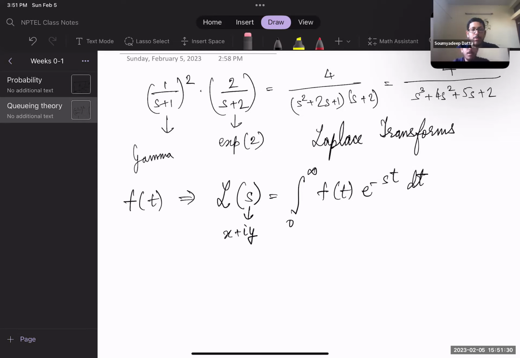So we'll be taking one example of the gamma random variable, the gamma function. So the gamma distribution.